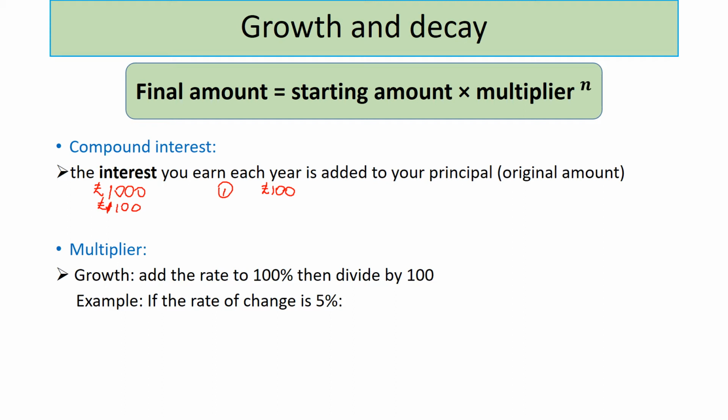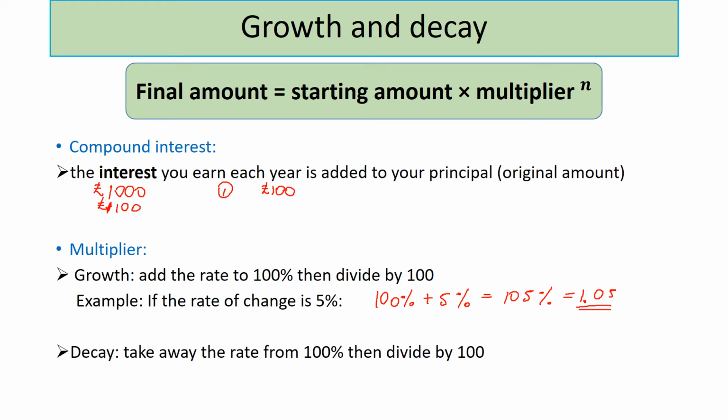So for example, if the rate of change is 5%, then you have to do 100% because that was the original amount, and then add 5%, and that is 105%. Then you have to divide it by 100 to turn it into a decimal, because the multiplier should be a decimal, so the multiplier in this case will be 1.05.